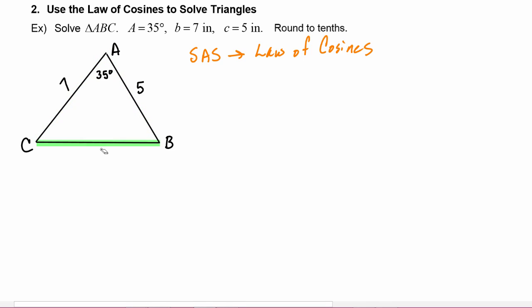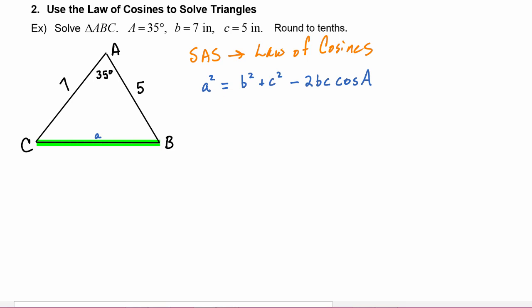Now the side that we can find here is A. If we have A squared by itself on the left-hand side, then we have to use the other two sides everywhere else. So this would be B squared plus C squared minus 2BC cosine of A.